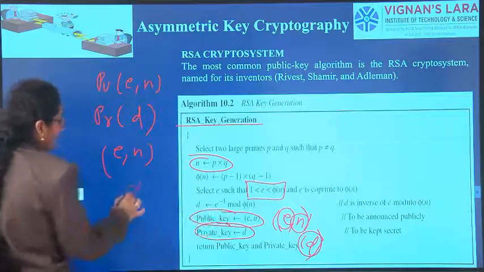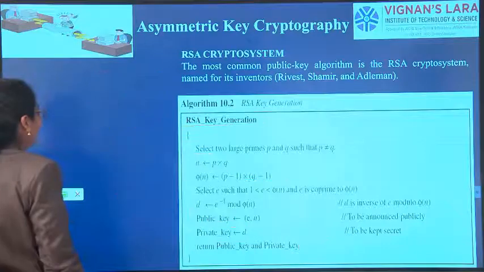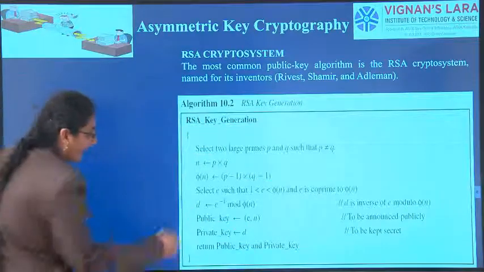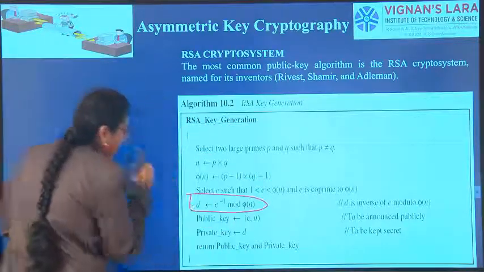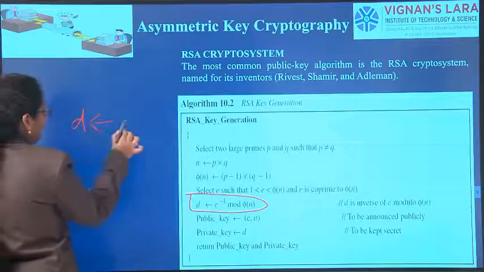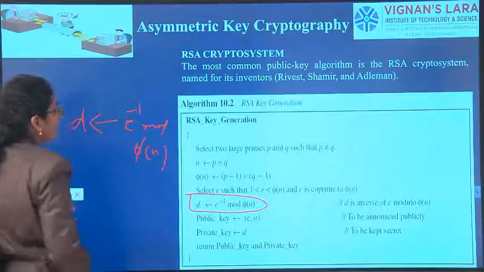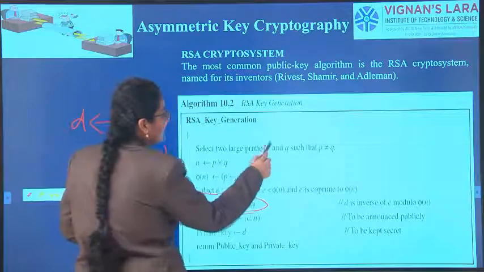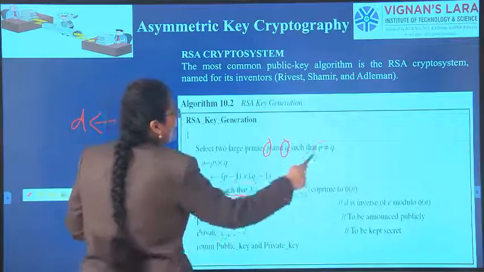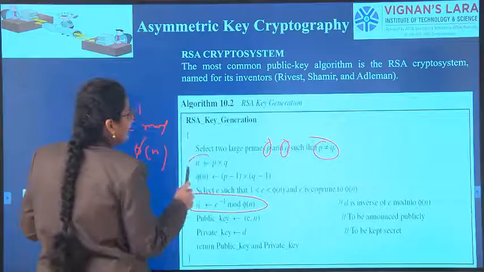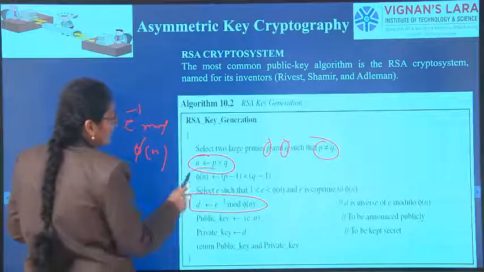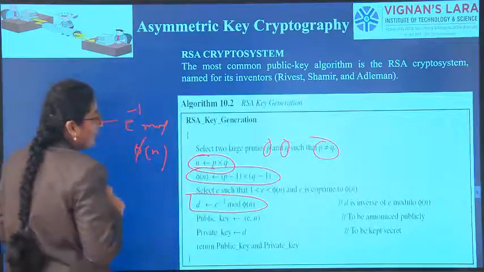Now the private key is D. That private key we have to calculate. To calculate the private key we have a formula: D equals E inverse mod phi of N. So we have taken two large prime numbers P and Q, P not equal to Q. N is the product of P and Q. Phi of N is P minus 1 into Q minus 1.